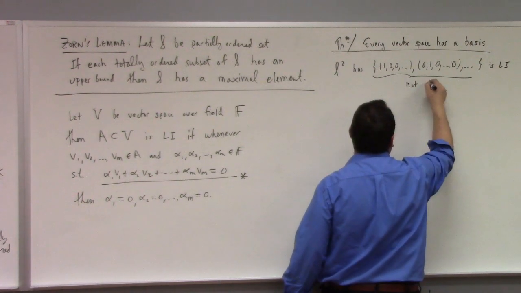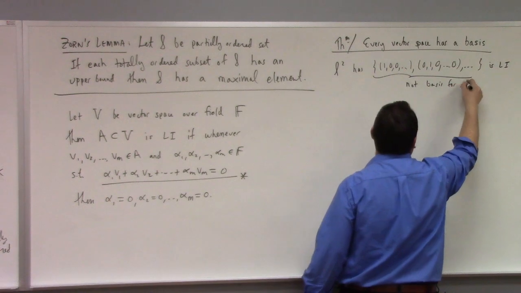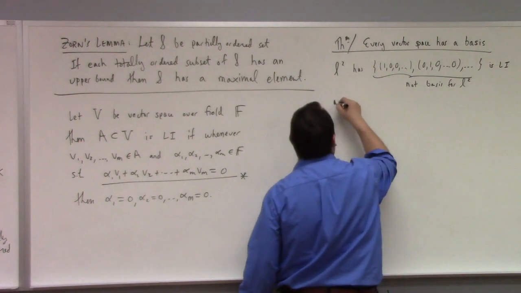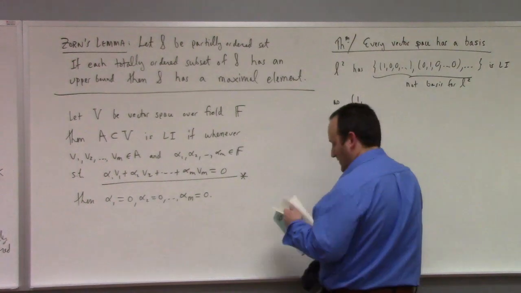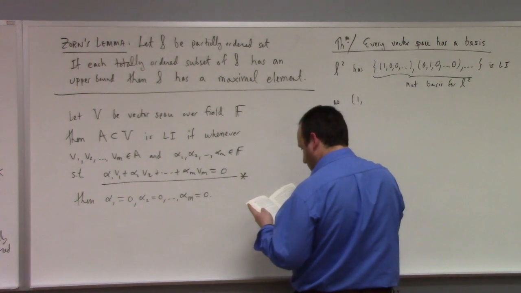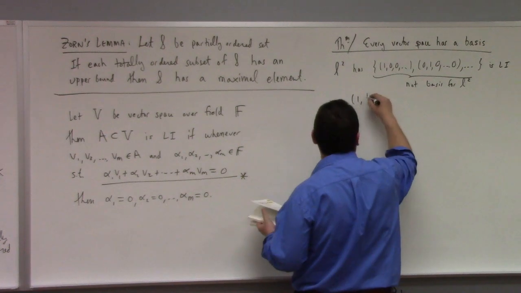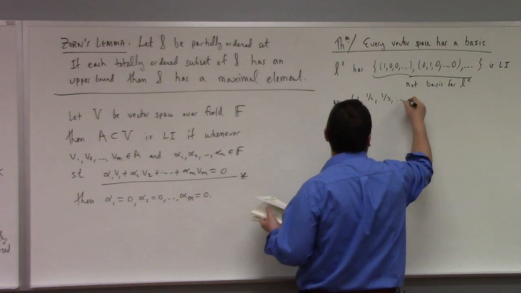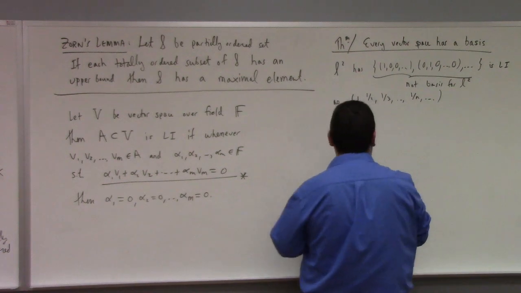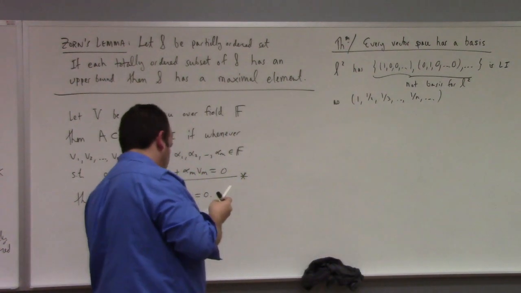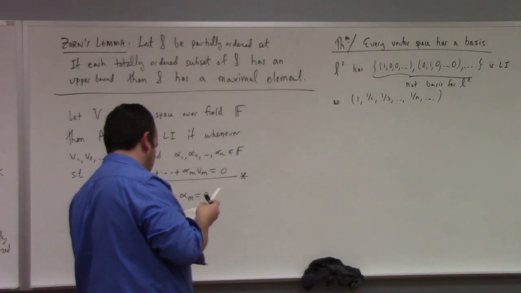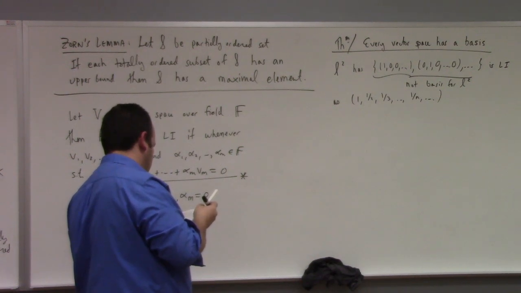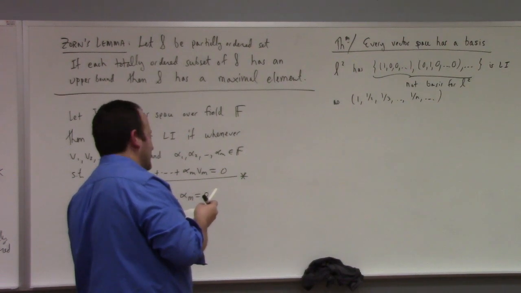Why? The sequence 1, what's he do here? He's got 1, 1/2, 1/3, 1/n, is that in L2?